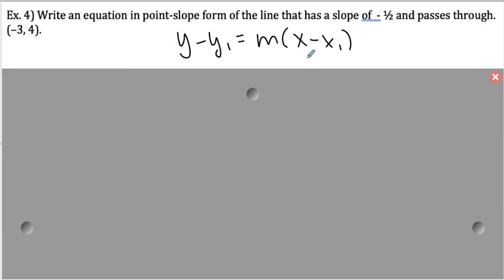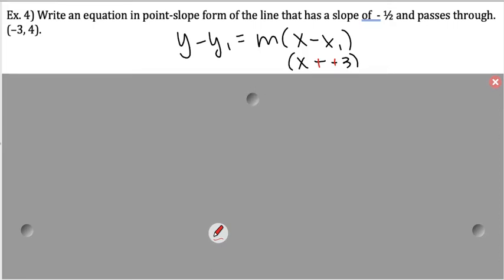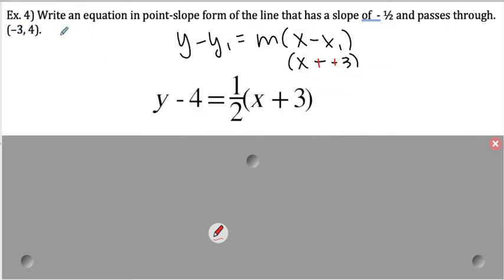So when we do that, x minus a negative 3, in this parenthesis here, minus a negative would simply turn into a plus 3. And so our equation would be y minus 4 equals negative 1/2 times x plus 3. And so this is now a positive in the parentheses because of the negative ordered pair that was given to us here.